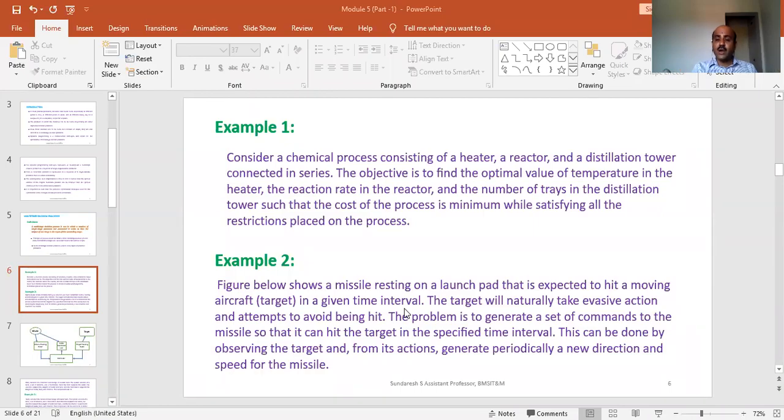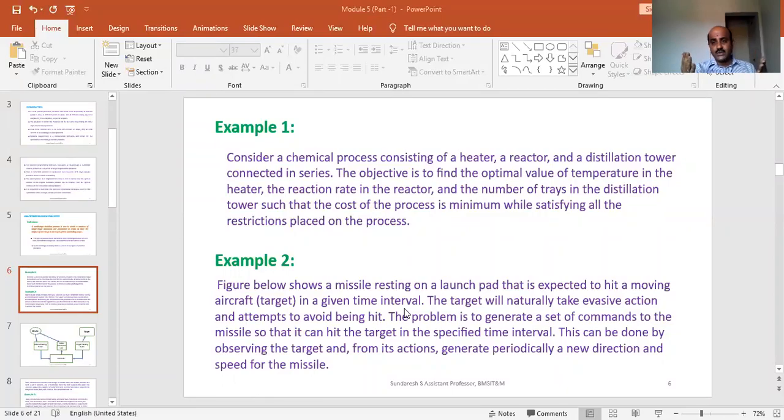How can we do this? This can be done by observing the movement of the target and what attempts it is making to avoid being hit. And we need to generate the new direction of the missile so that it reaches the target, and the speed at which it is supposed to move.